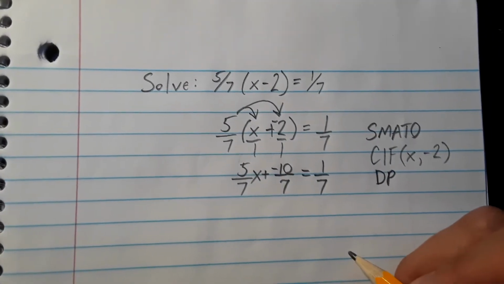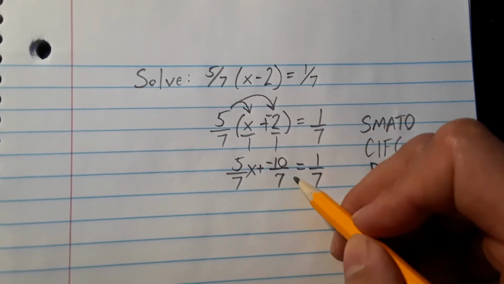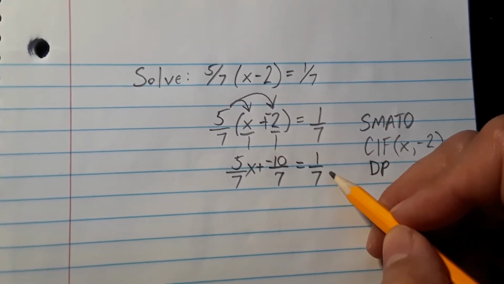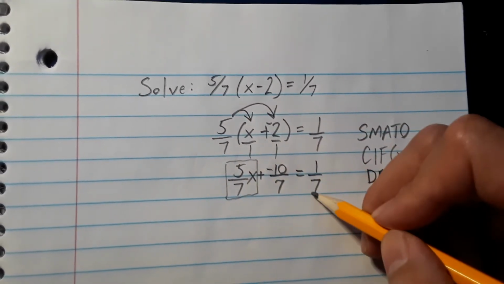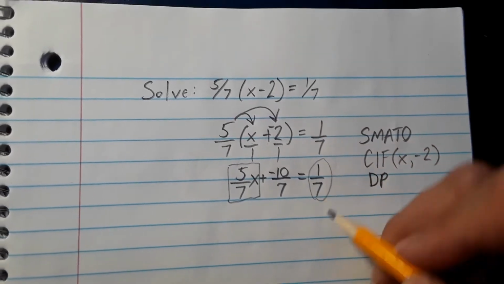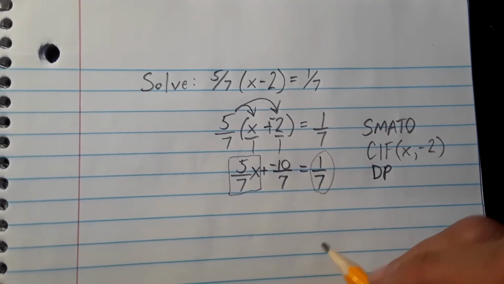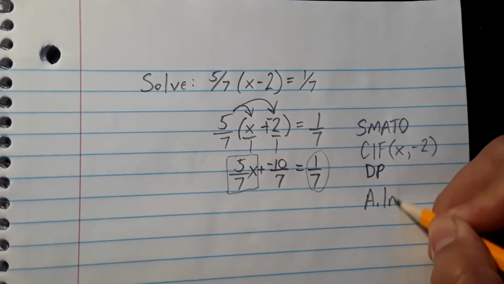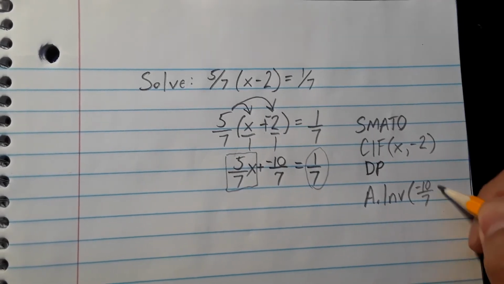So we're at a situation now where we've got our x term here plus a constant equaling 1/7 over here. So we want to get this x term by itself, and we want to keep a constant on the right. This is the guy that we got to get rid of. So we're going to do that with additive inverse. We're going to take the additive inverse of negative 10/7.